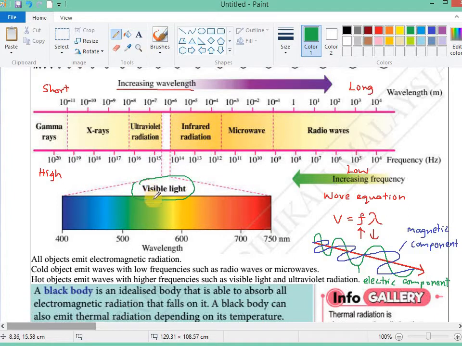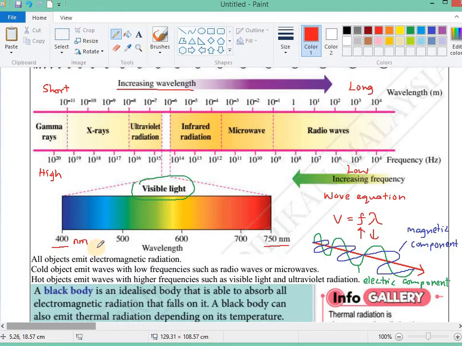That means between this wavelength, from 750 nanometer until 400 nanometer, is the wavelength of electromagnetic wave that we can see with our eyes.